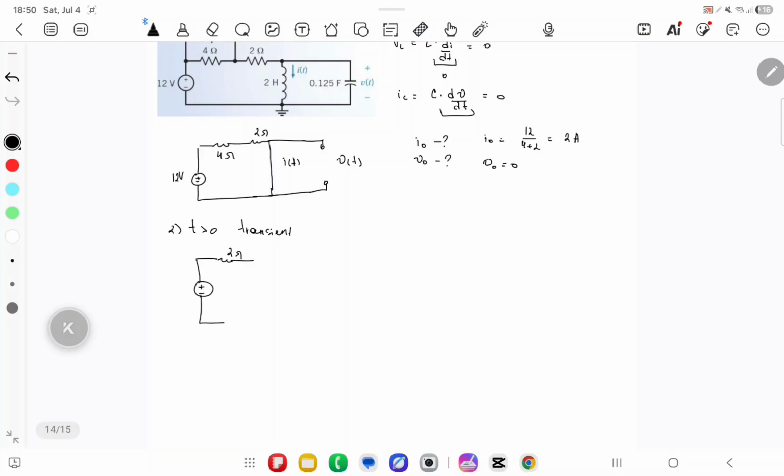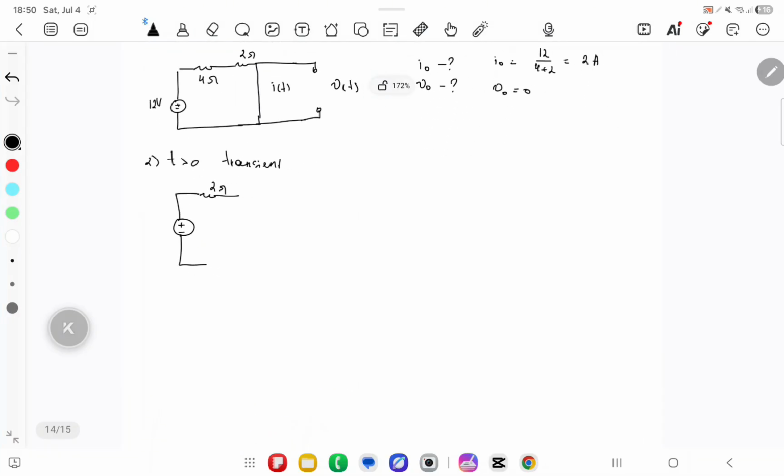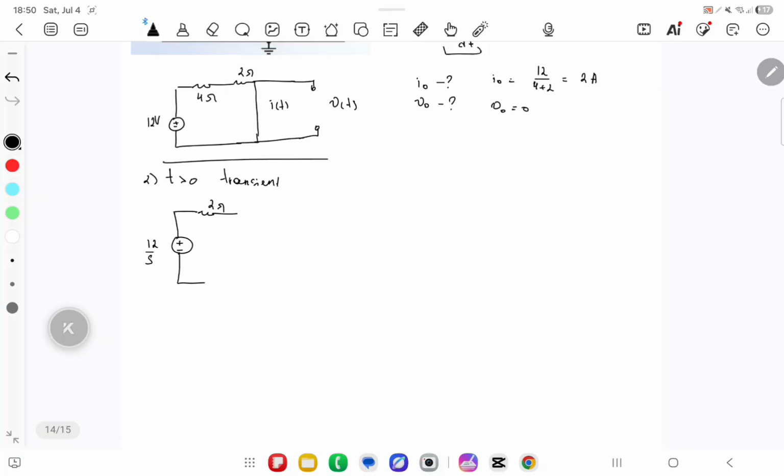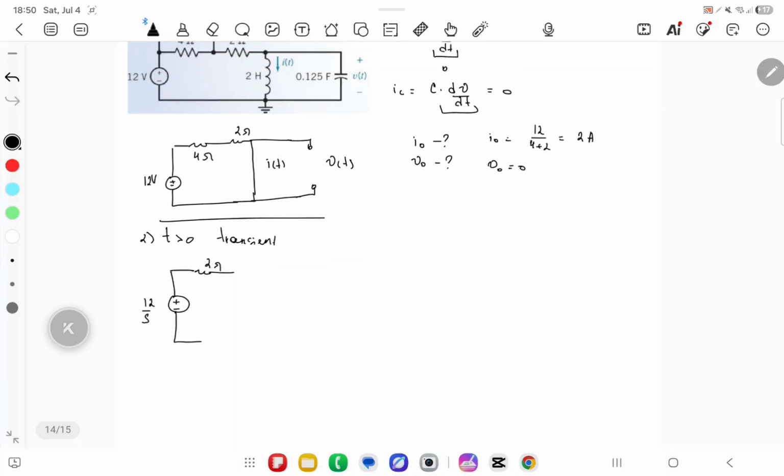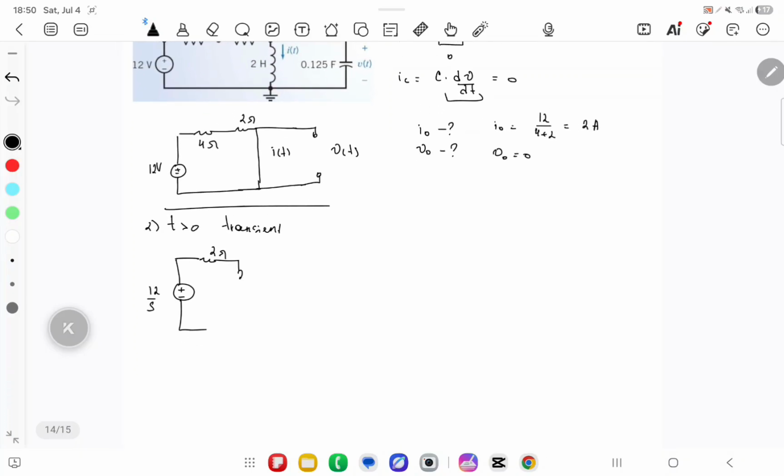Since we're using the Laplace domain, in our Laplace representation of the same time domain circuit, we will have 12 over s. Please never forget about this part, because if you do forget, it will cause a lot of mistakes in your calculations. Now we take into account our inductor, and it will be 2s, and we will have a voltage source over here.